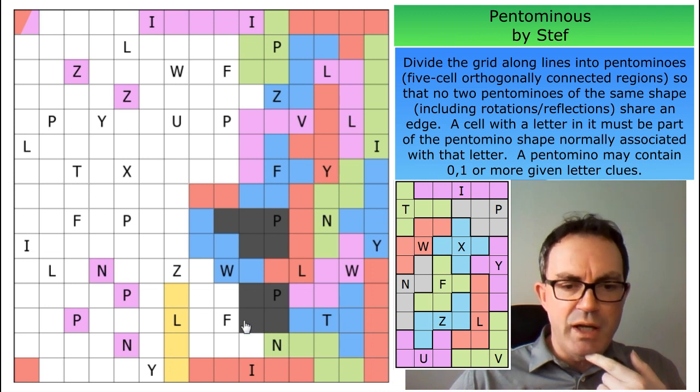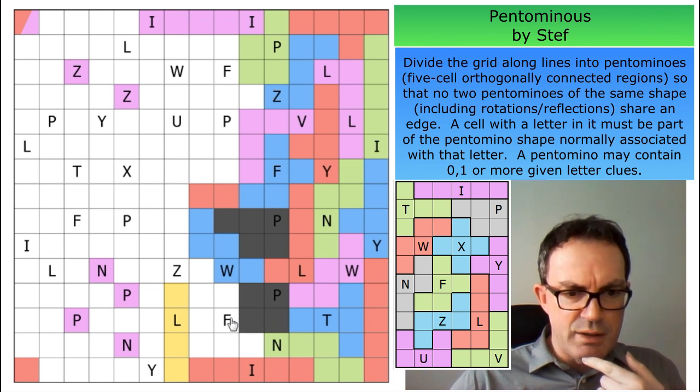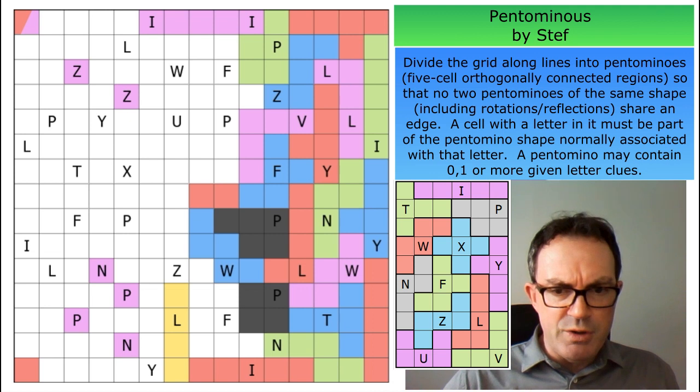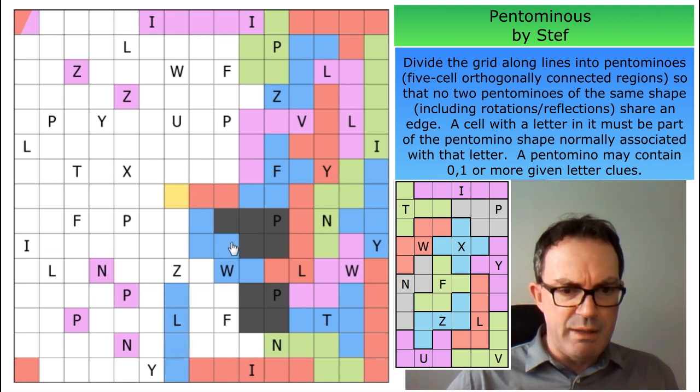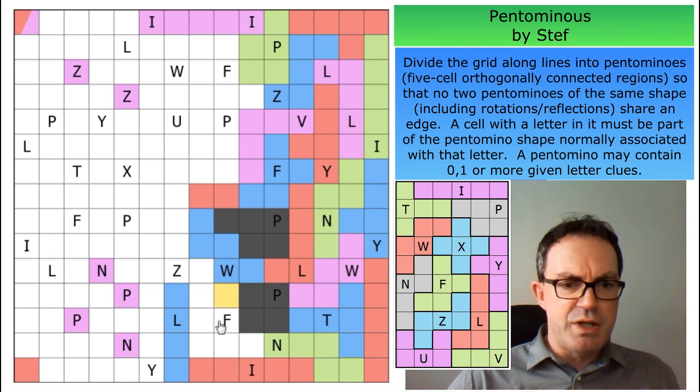I can't see for the life of me how I'm going to make an F in here work. But let me just have a look at this. So if that was the P, there's just no way. You can't even put the F in, let alone not isolate a cell. Yeah, it doesn't work.